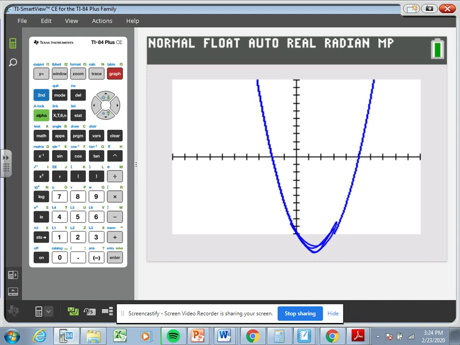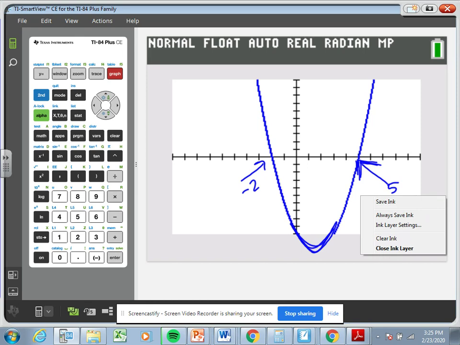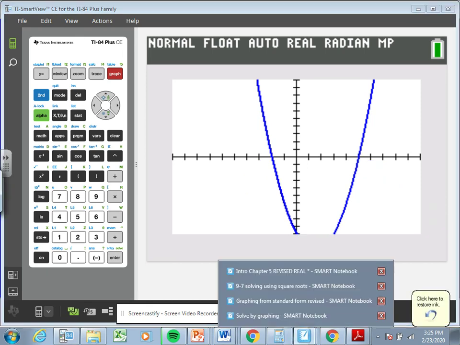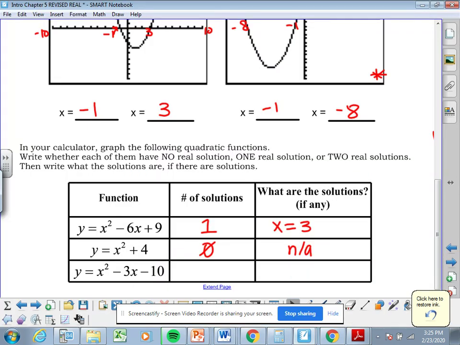Again, what matters is our solution. So where it crosses the x-axis is there and there. This is at -2 and 1, 2, 3, 4, 5. So I have two solutions, and it's at x equals -2 and x equals 5.